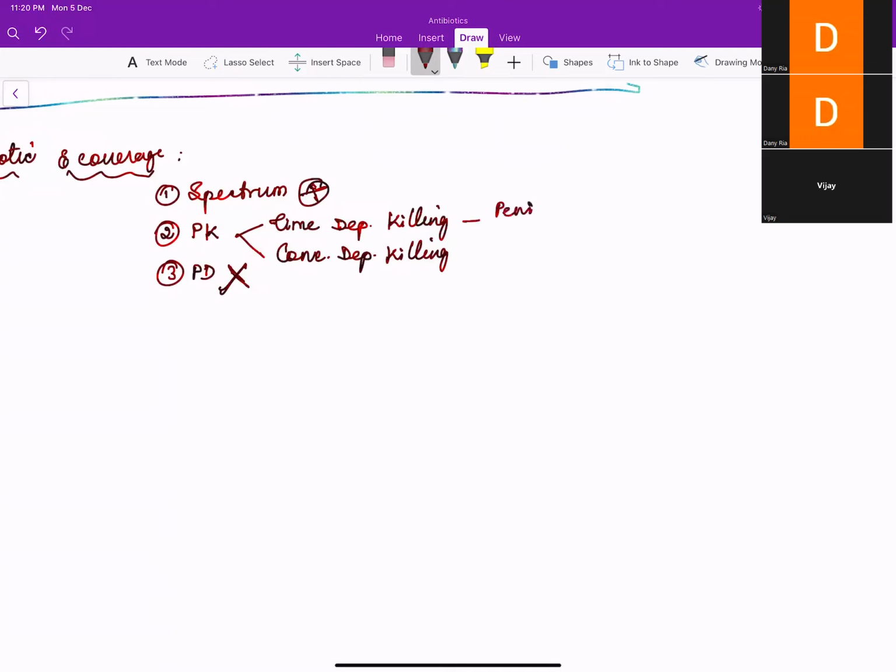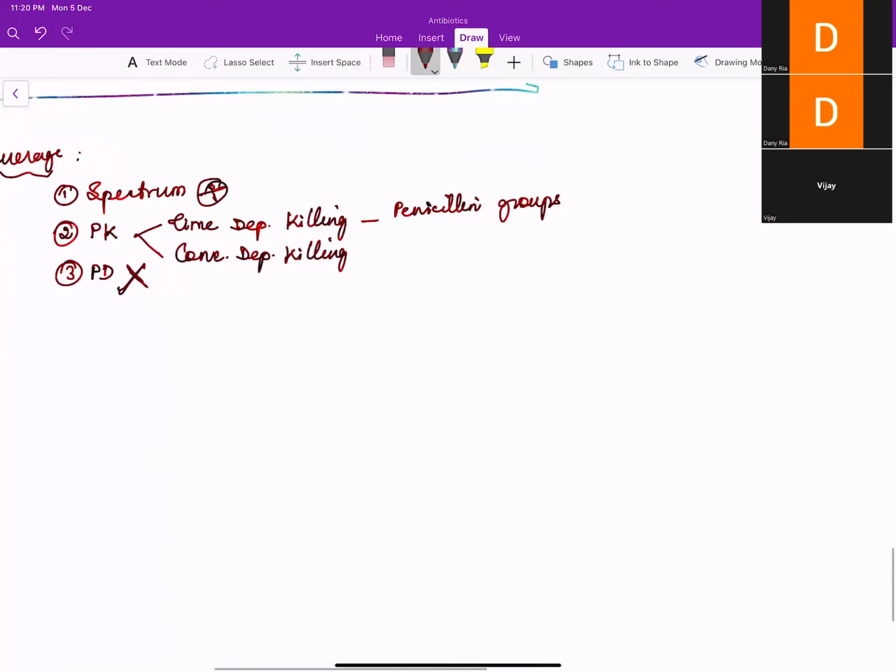For example, penicillin groups. All the penicillins, cephalosporins, vancomycin, the concentration is not important. Even if the concentration in the blood is minimal, they have to be present for a particular time in the blood to kill the organisms. That is called time dependent killing.